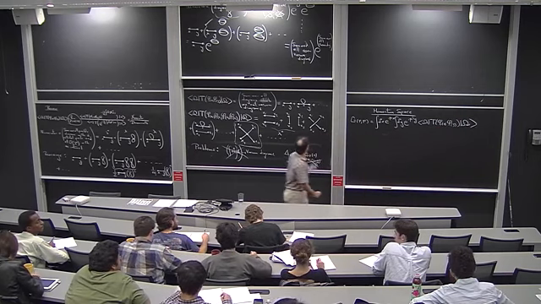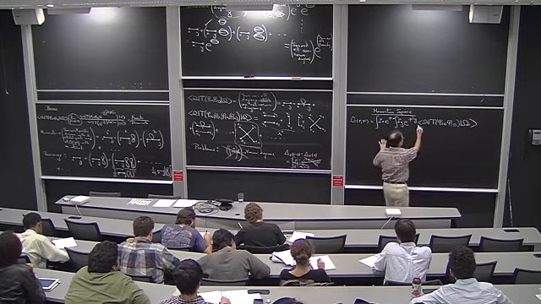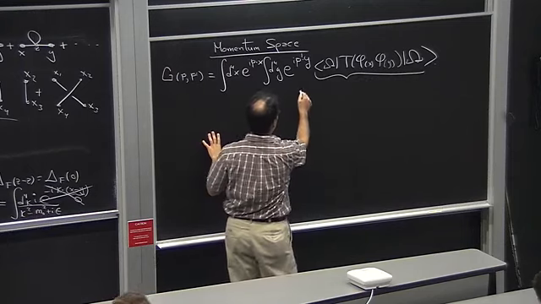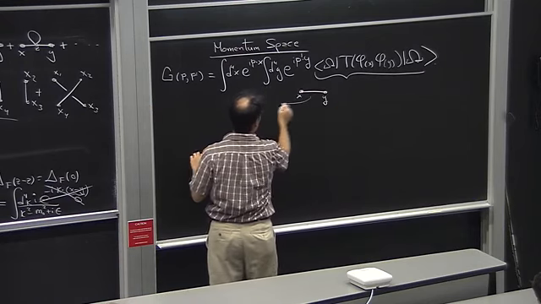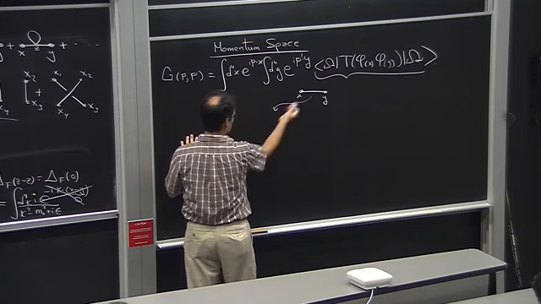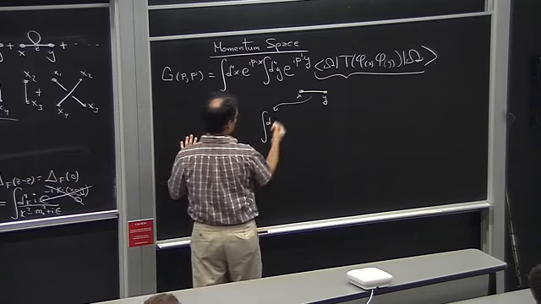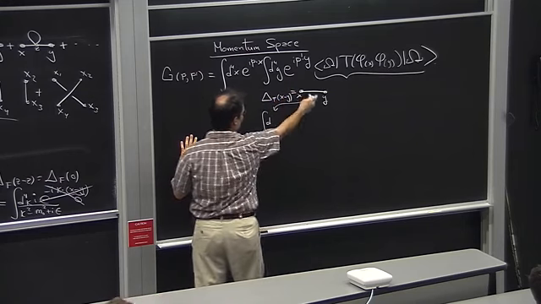But at the very least, the first one is very easy to calculate. This object has these two contributions. The first one is this. The Feynman rules tell us to simply include a propagator, or a delta function of x minus y for this thing.